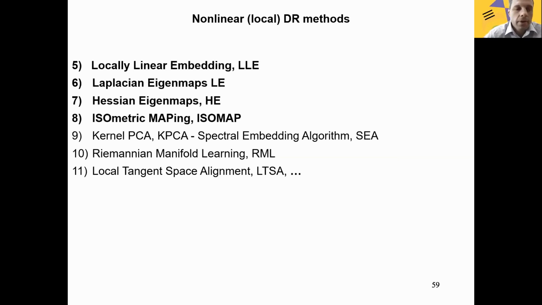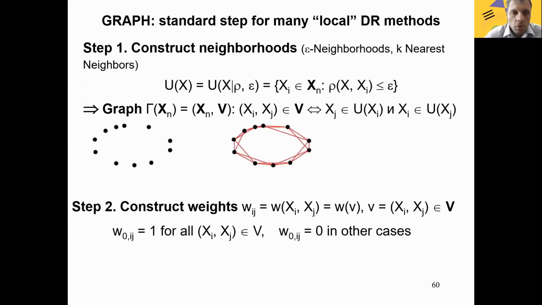Actually, there are a lot of various approaches for that, but today it's not possible to cover all of them. Here is a list of such approaches, and today I'll briefly discuss two of them, namely IsoMap and local linear embedding.